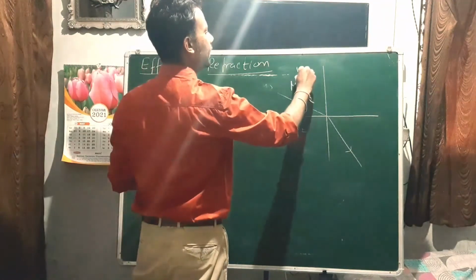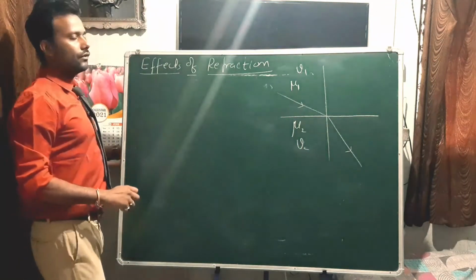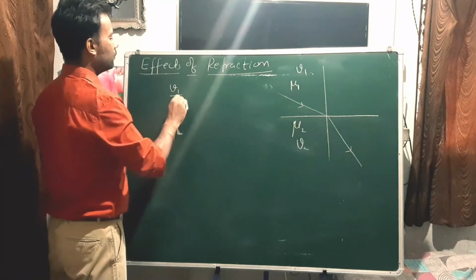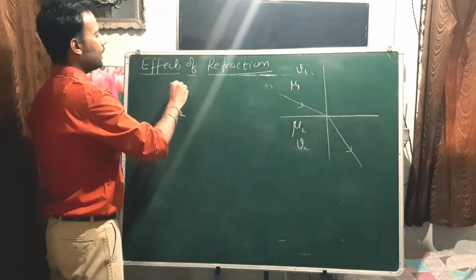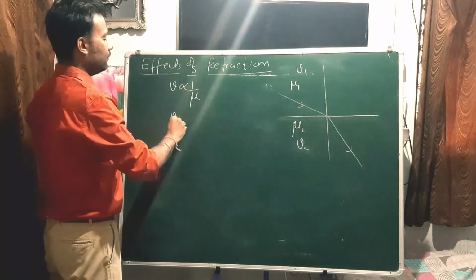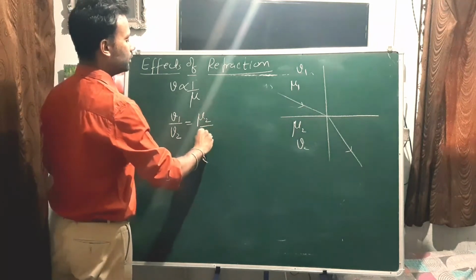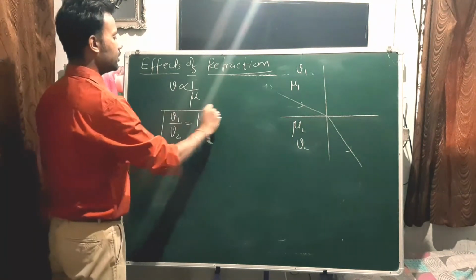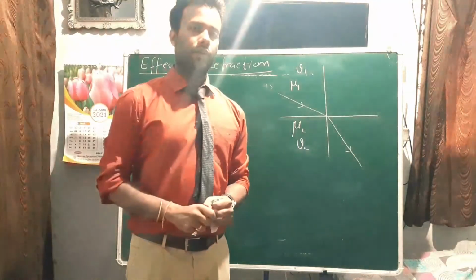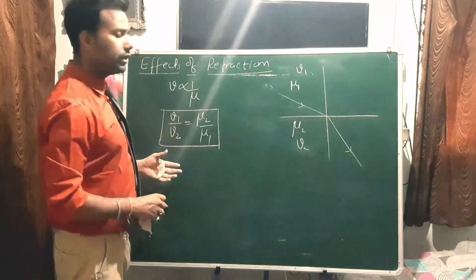Here the speed of light is v1, here the speed of light is v2. So how do we find the formula? We know that v is inversely proportional to mu, hence v1 upon v2 is equal to mu2 upon mu1. From this relation we can find the speed of light in a different medium. So please note down these formulas.